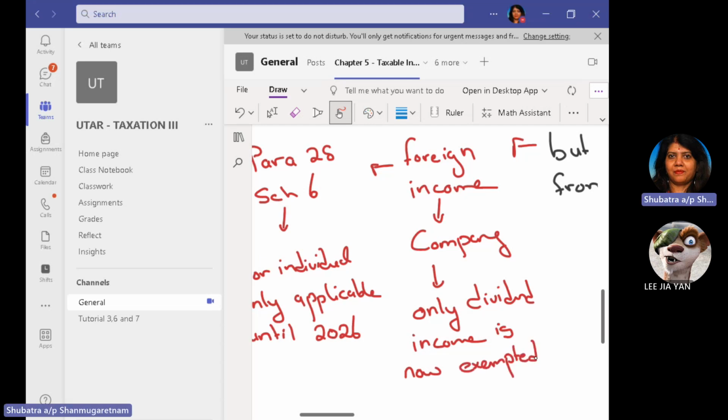Any other income earned overseas, remitted to Malaysia for companies is no longer exempted. So they go back to Section 3, becoming a taxable income. All right?